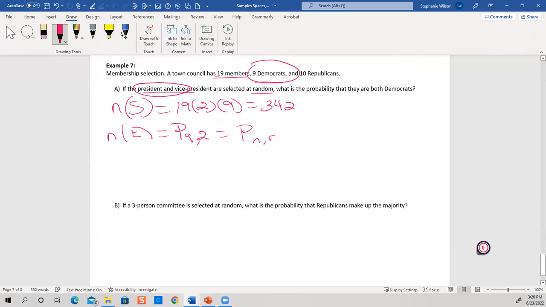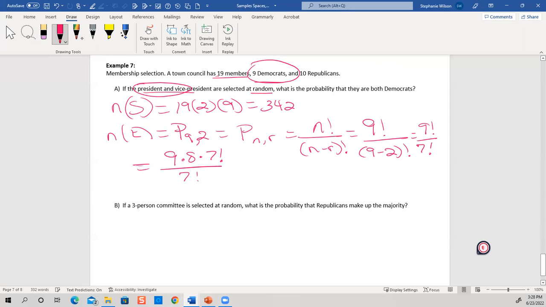This is n comma r. So I'm going to have n factorial over n minus r factorial. So 9 factorial over 9 minus 2 factorial gives me 9 factorial over 7 factorial. I'm going to do one extra step: that's 9 times 8 times 7 factorial. And what happens? My 7 factorials reduce. Now I've got 9 times 8, which is 72.